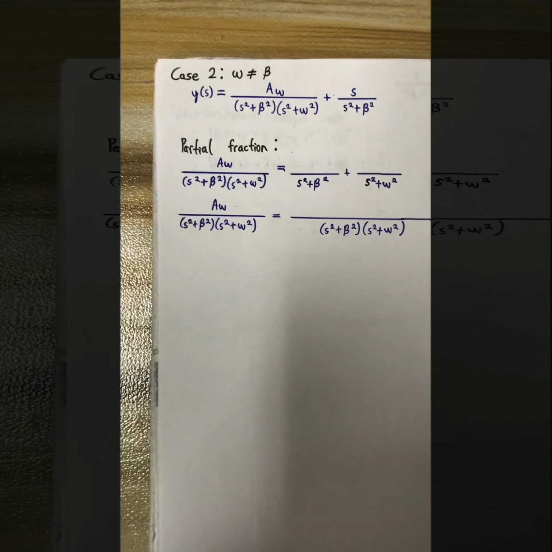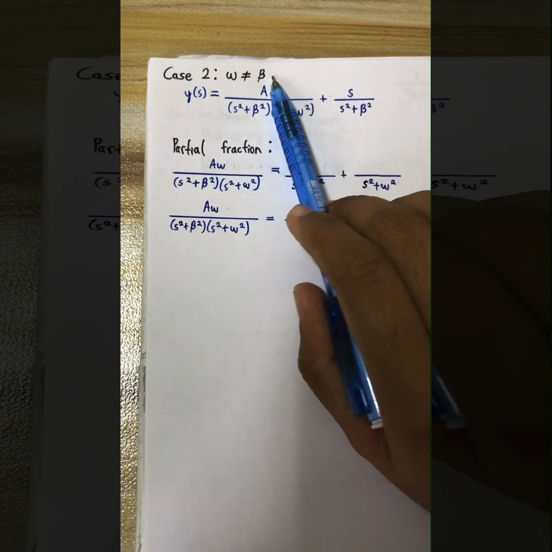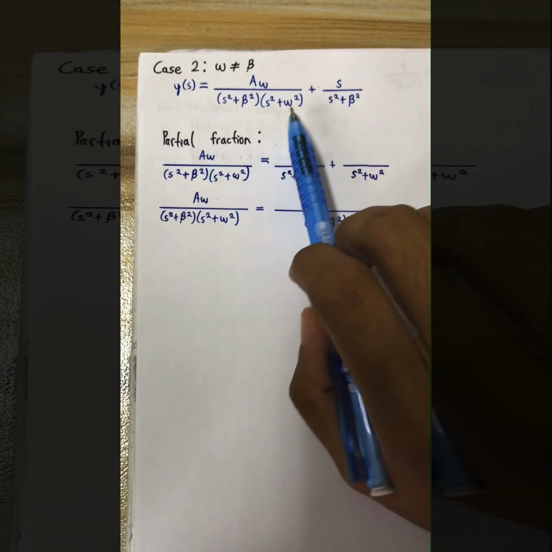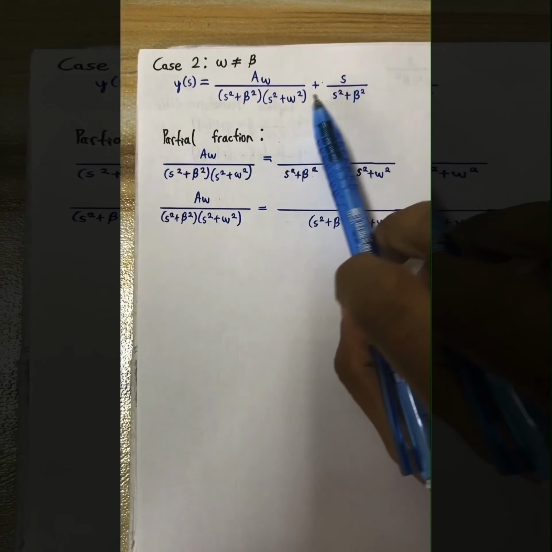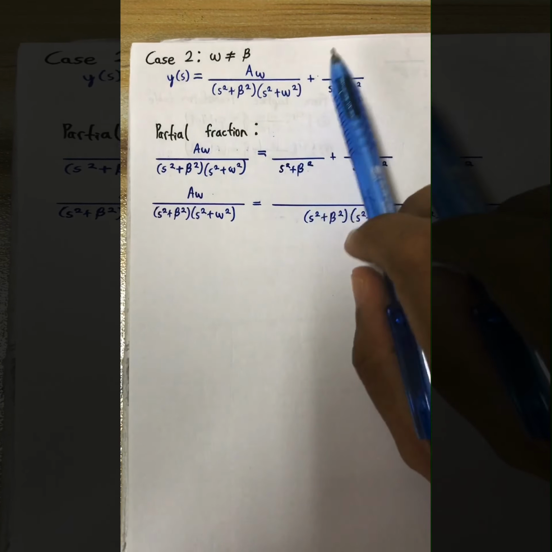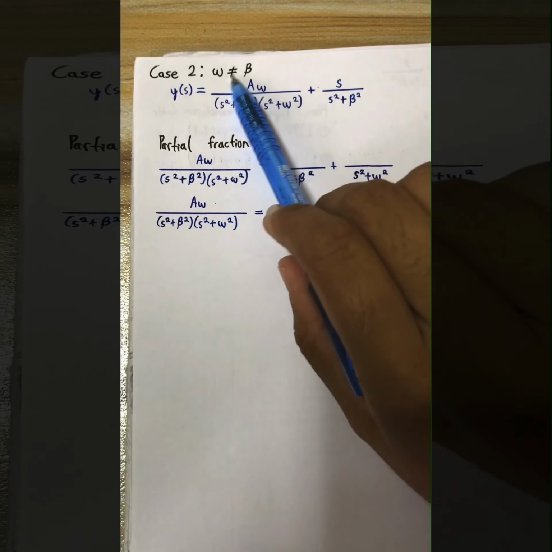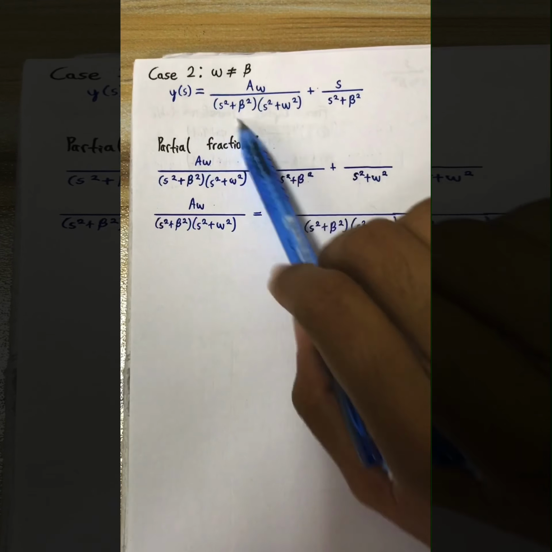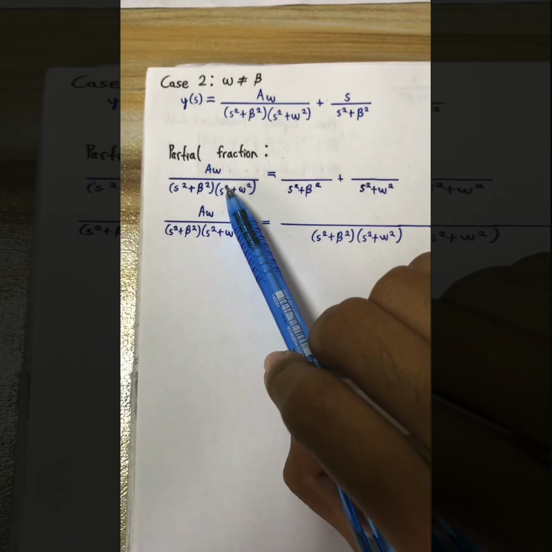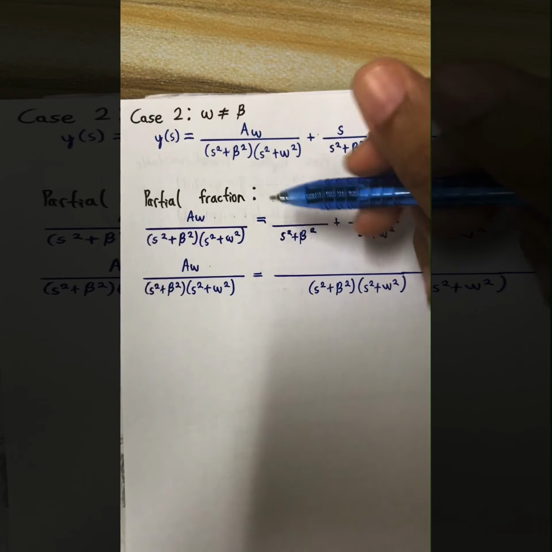So now we move to case 2, where omega is not equal to beta. If omega is not equal to beta, our Y(s) is still the same. To solve this, we need to perform partial fractions on this part. So let's do partial fraction.